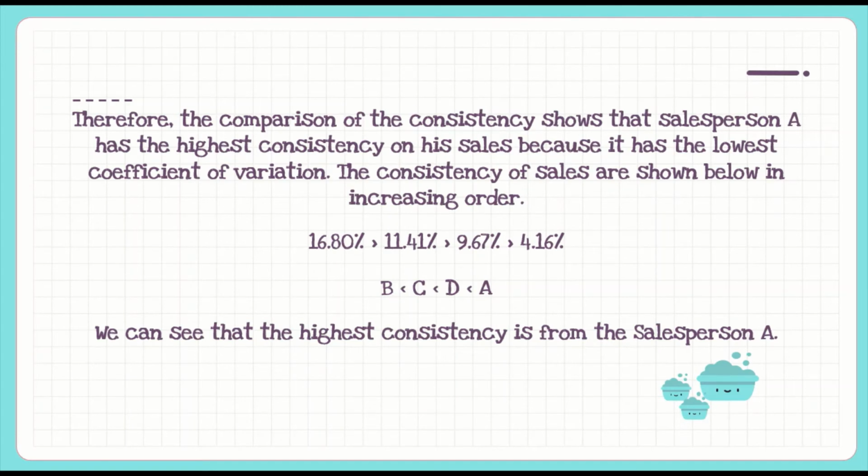Therefore, the comparison shows that salesperson A has the highest consistency in his sales because he has the lowest coefficient of variation. The consistency of sales is shown below in increasing order. Meanwhile, B has the lowest consistency because he has the highest coefficient of variation, and the highest consistency is from salesperson A.